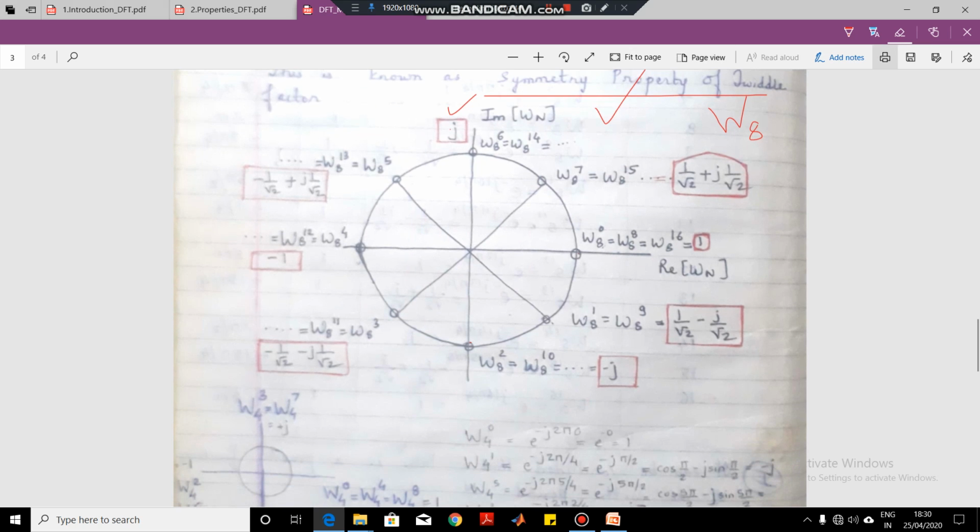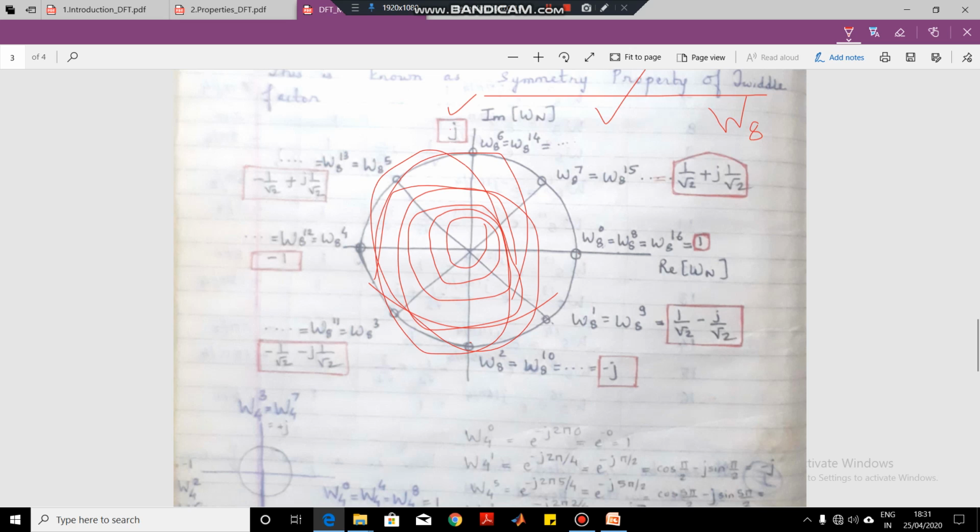Now why is this called a twiddle? Since this is a spiral, if you go on computing these values, it forms a spiral. So what is a twiddle? If you drop a stone in a pond of water, a wave pattern is exhibited. The computation of this twiddle factor also exhibits the same pattern, and this pattern will go on continuing up to infinity.